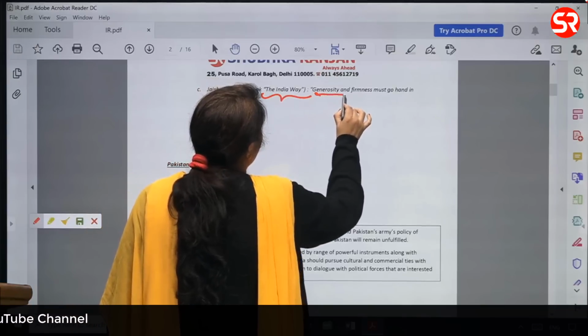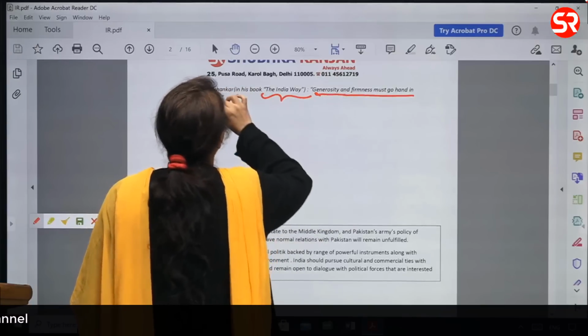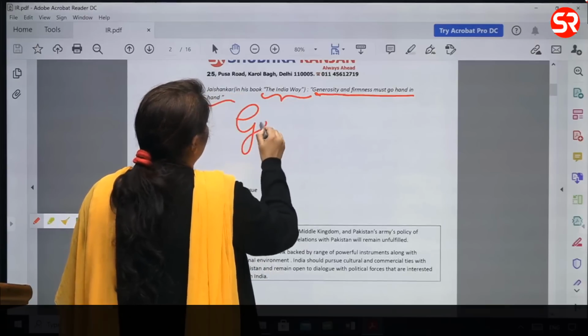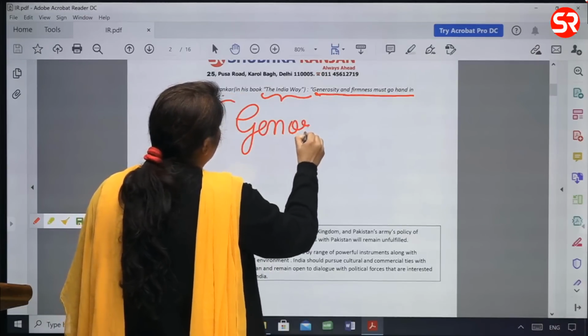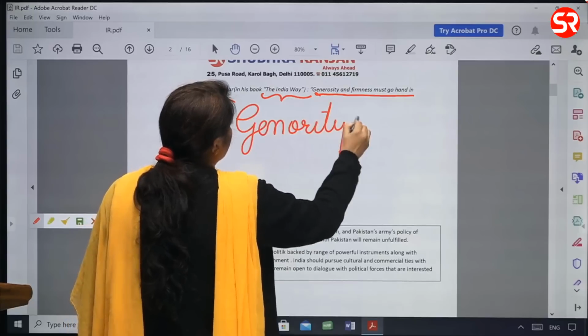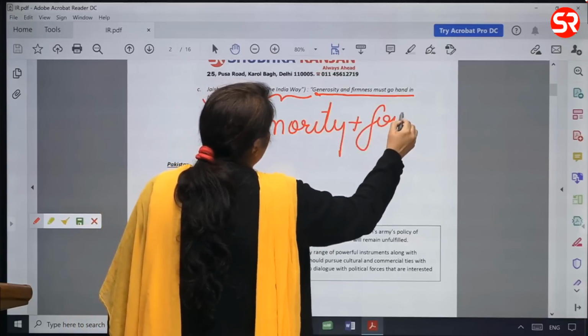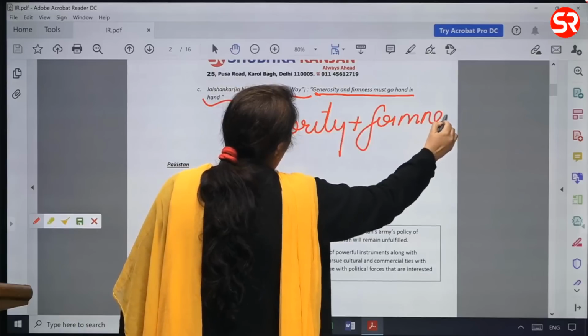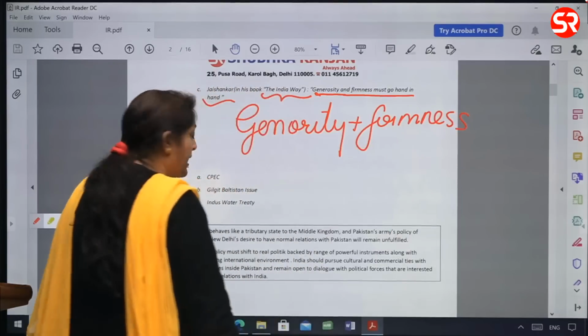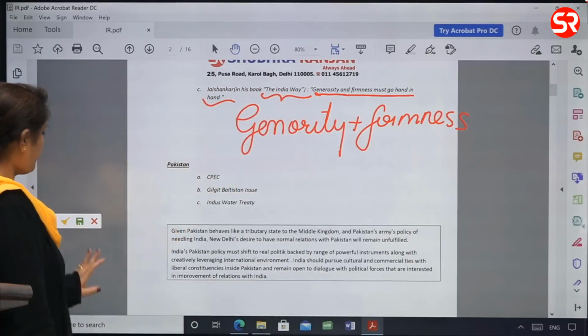India needs to be generous and firm. Generosity and firmness must go hand in hand.